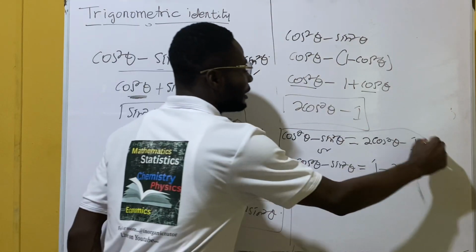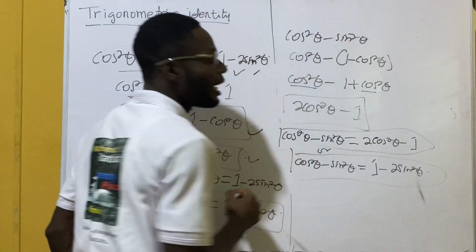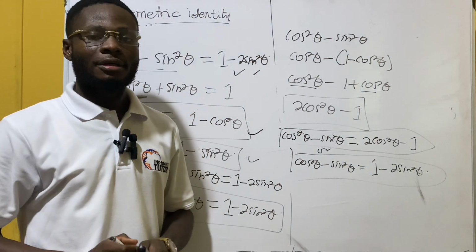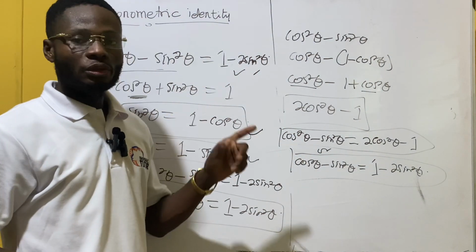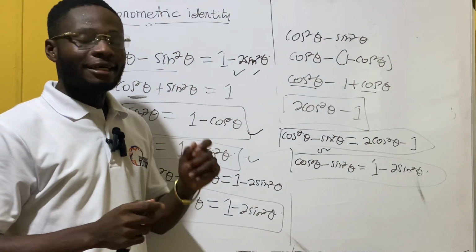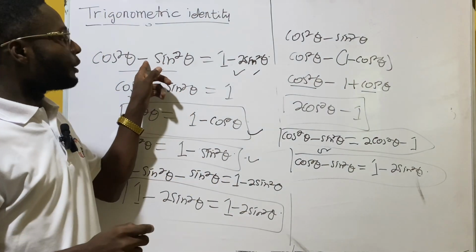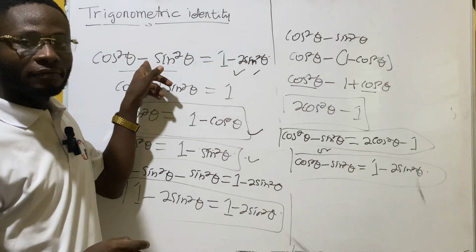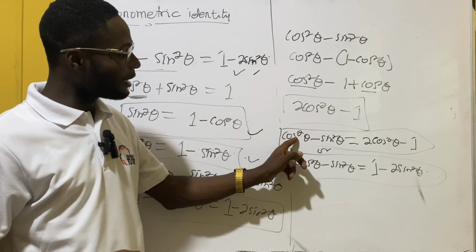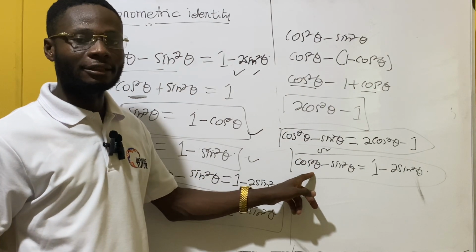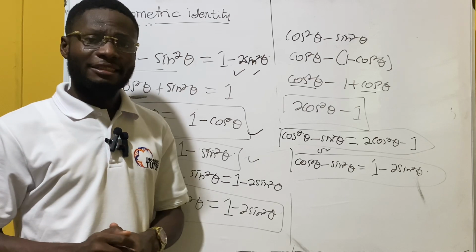So this is an identity and this is also an identity. Please don't mess up where we have the positive. Don't mess it up. This is an identity, this is also an identity. So that is the process.